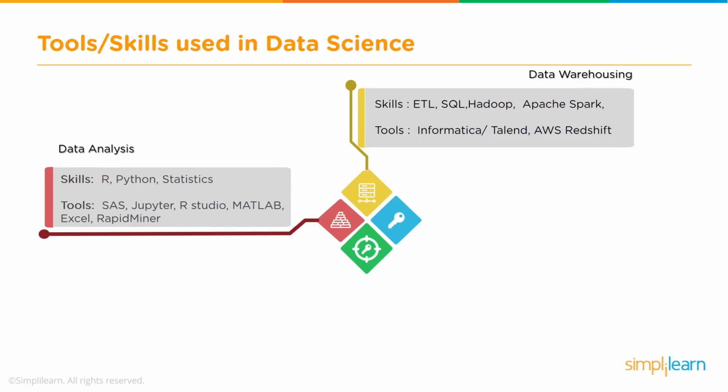Hadoop is another important skill, especially if you're handling large amounts of data. One of the specialities of Hadoop is that it can be used for handling unstructured data as well. So it can be used for large amounts of structured and unstructured data. Then Spark is an excellent computing engine for performing data analysis or machine learning in a distributed mode.